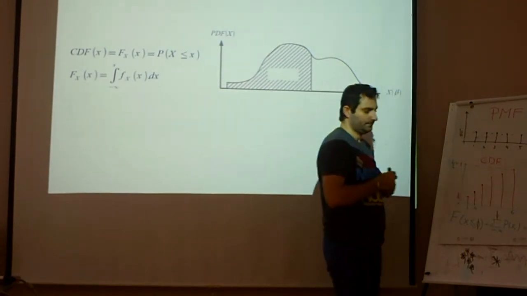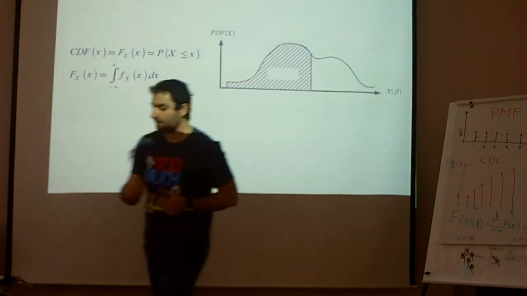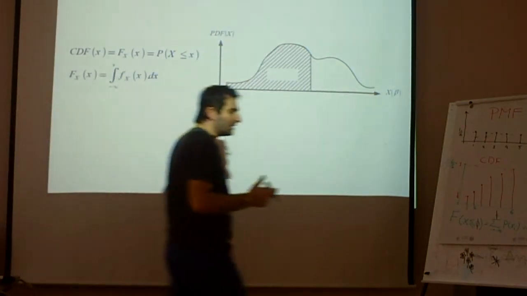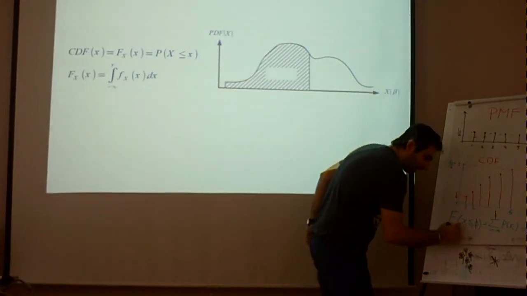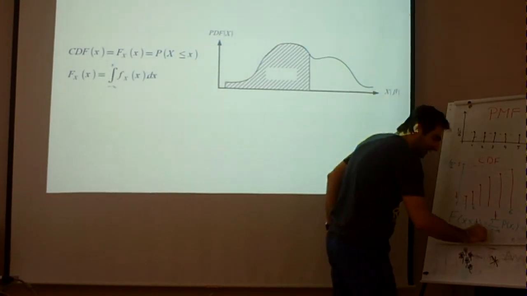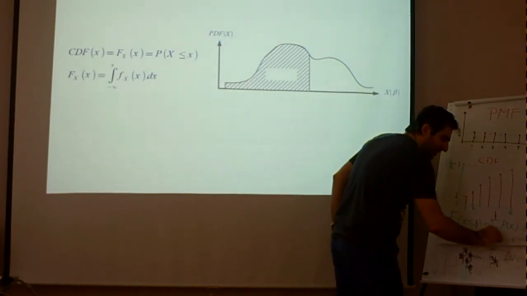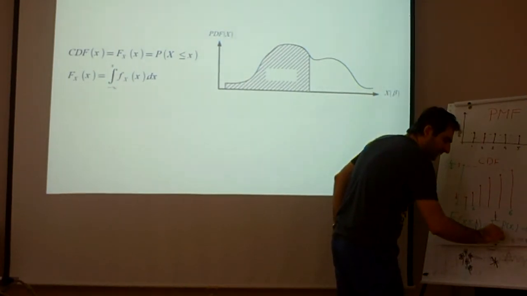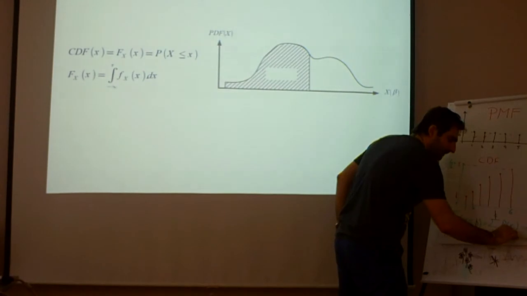Now, question. What is the probability of x less than or equal to 7, which is the summation from minus infinity to 7 of p of xi? What is it?